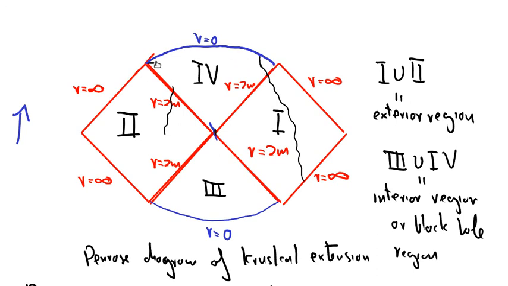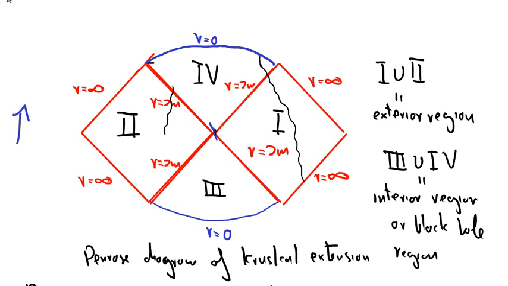And the fact that this singularity is space-like implies that once an observer enters any of the black hole regions, in this time orientation, region 4 is in the future, is the future black hole region, and region 3 is the past black hole region.